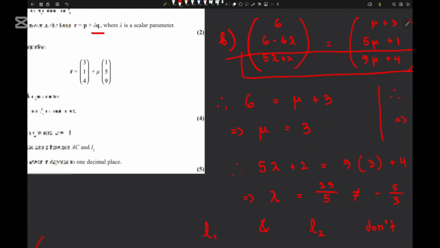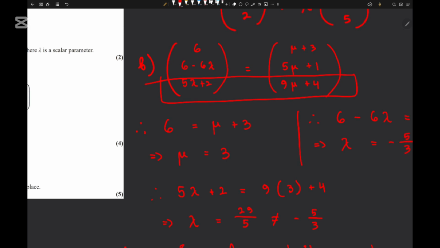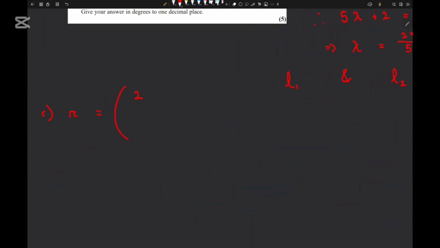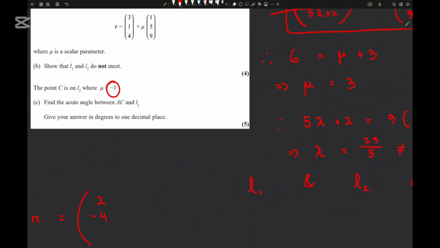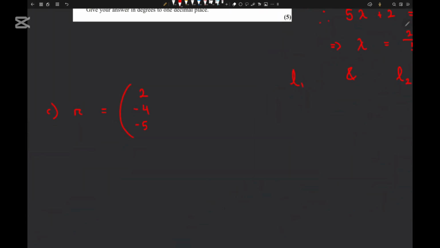It's not 1, it's negative 1. So it's minus 1 plus 3, which is 2, and minus 5 plus 1, which is minus 4, and minus 9 plus 4, which is minus 5. So this is the position vector of C. So this is the OC vector.